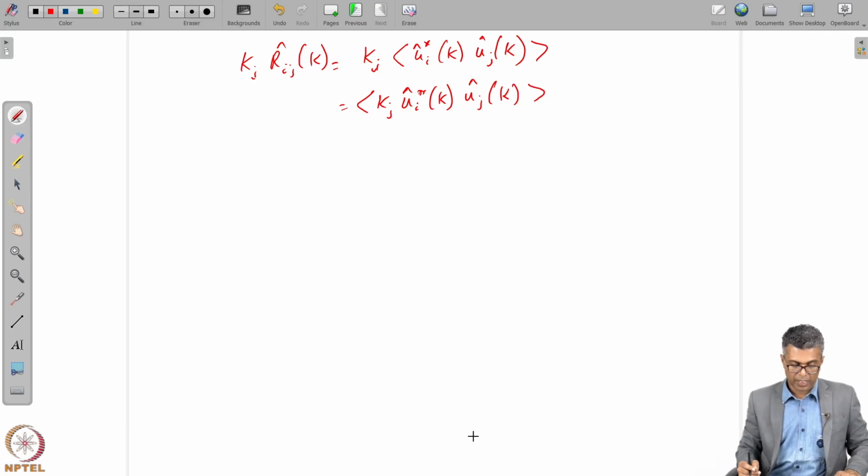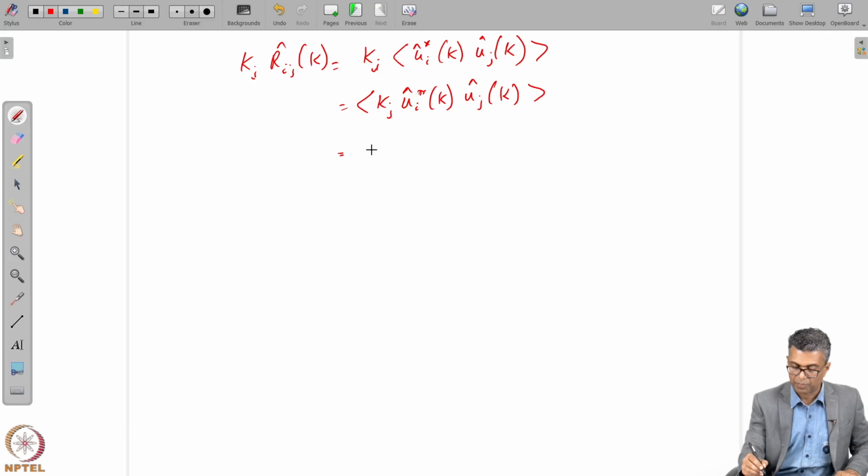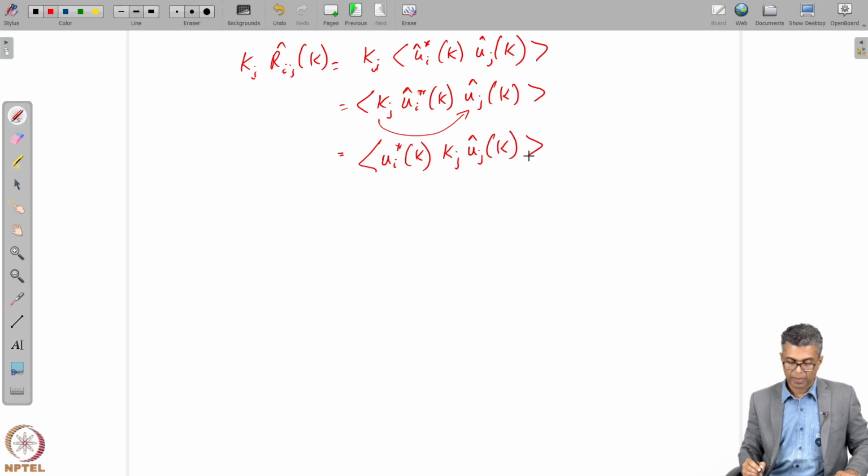Correct? This is what I have. Then essentially, if I put the minus and everything, this one I'll group with this one, not with ui. So then what I'll get is ui star of kappa, and look, I'm getting kappa j uj hat of kappa. This is what I'm getting, right? Kappa j uj hat of kappa.